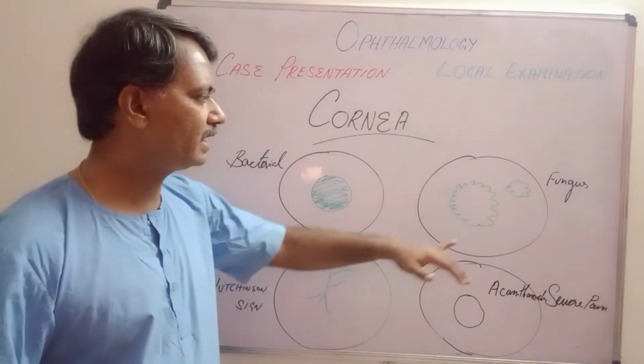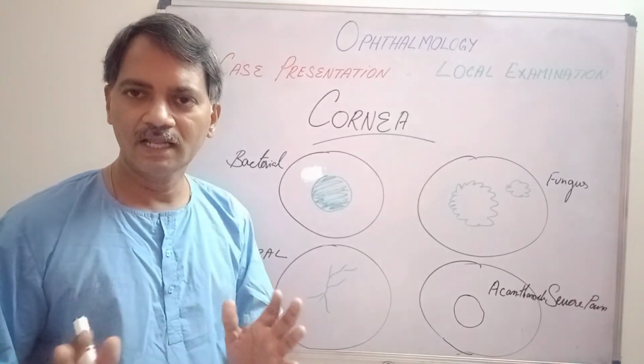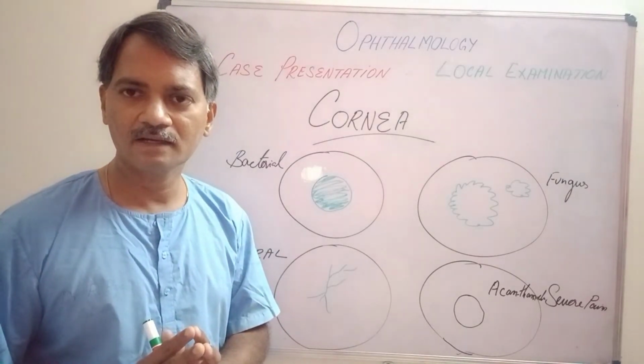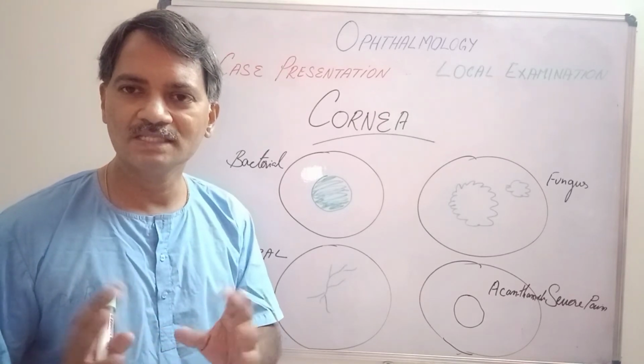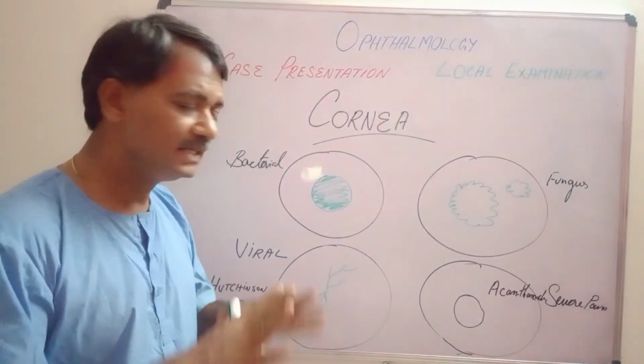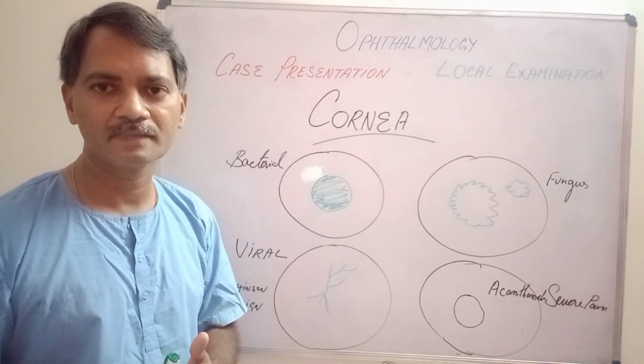Coming to the fungal etiology of a corneal ulcer: a corneal ulcer which is there without much pain or symptoms. You can see a big ulcer but the patient will not be complaining much.